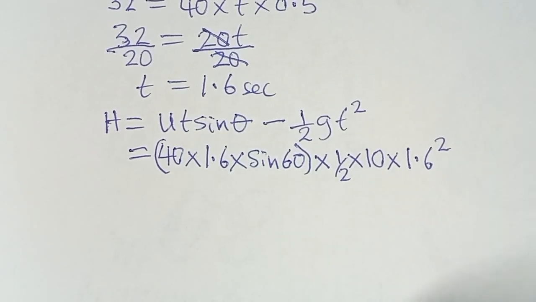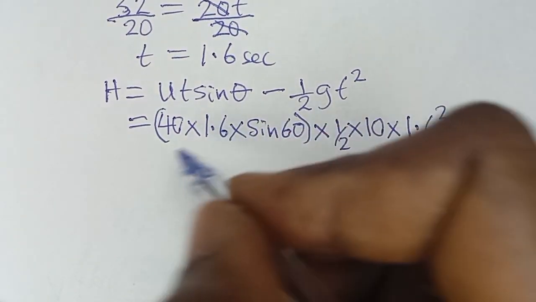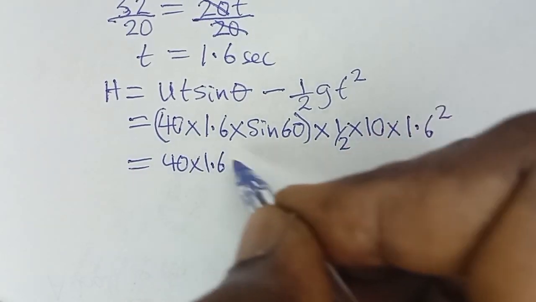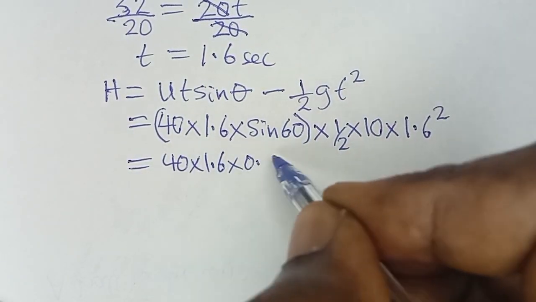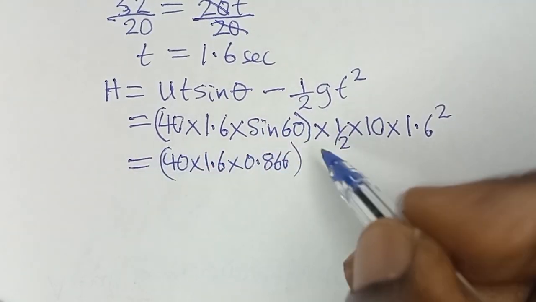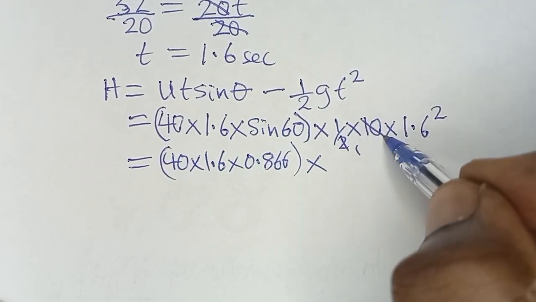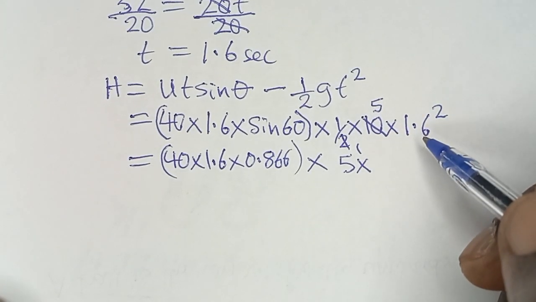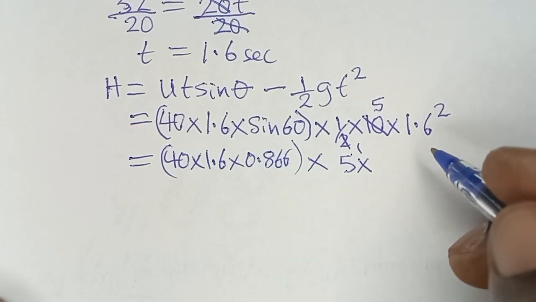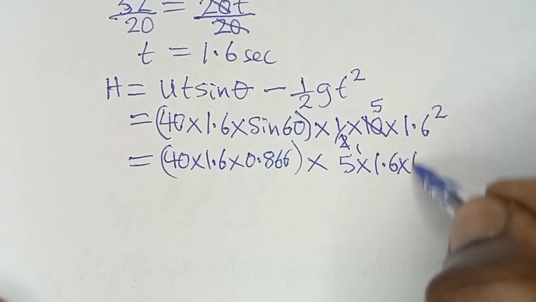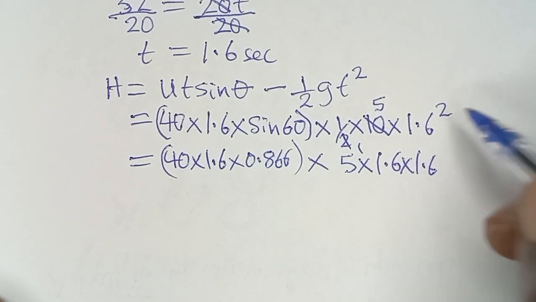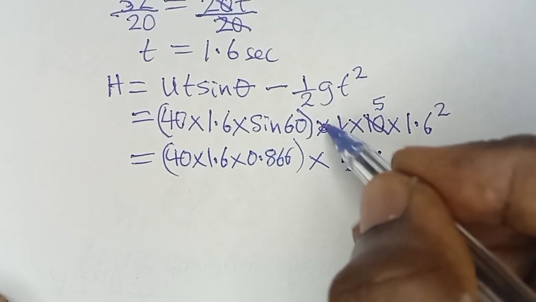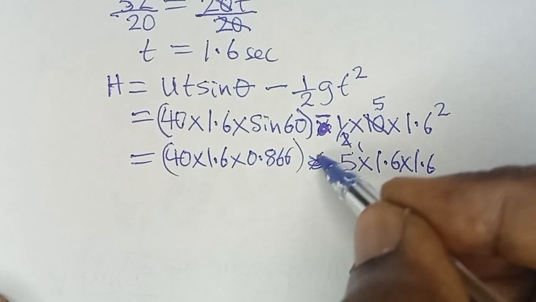Going further from here, I can say it is equal to 40 multiplied by 1.6 multiplied by sine 60, which is 0.866, and then minus, half of 10 is 5, so 5 multiplied by 1.6 times 1.6, because it is squared. Sorry, this is minus.